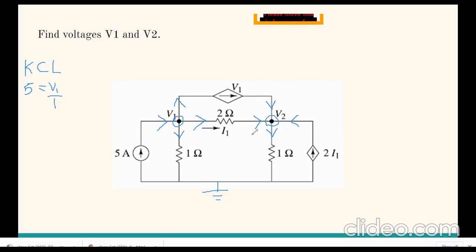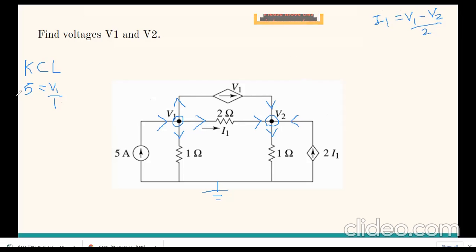Coming to the second branch, that is the current I1, we can either write it as I1 directly or we can first make the relation. By using Ohm's law, I1 is equal to (V1 minus V2) upon 2. Now see, I1 is another unknown, but we are interested in the unknowns V1 and V2.